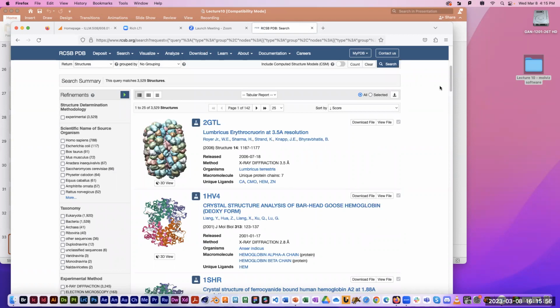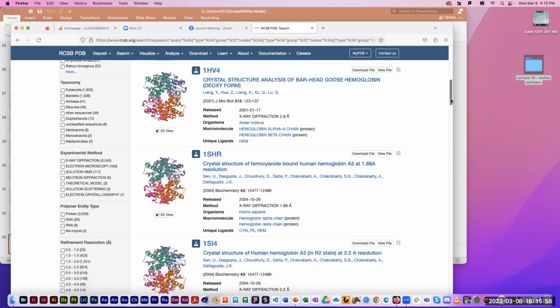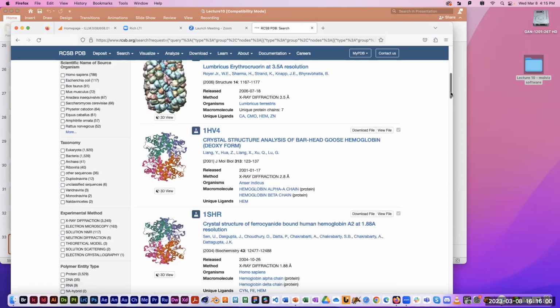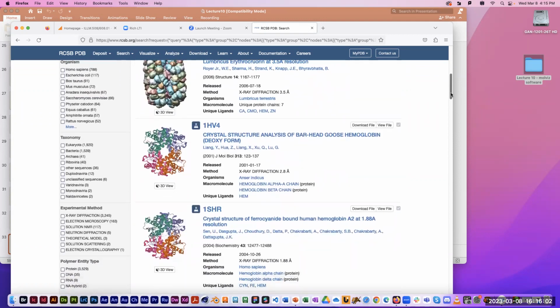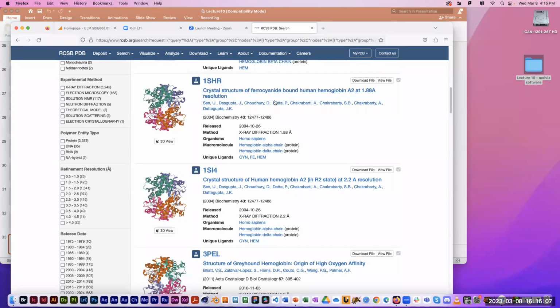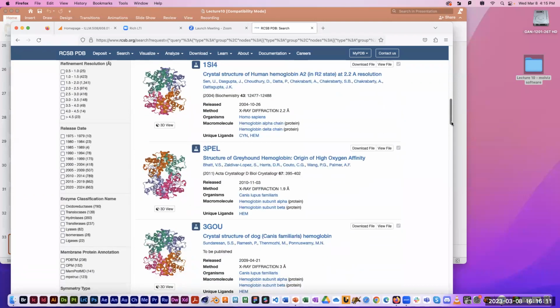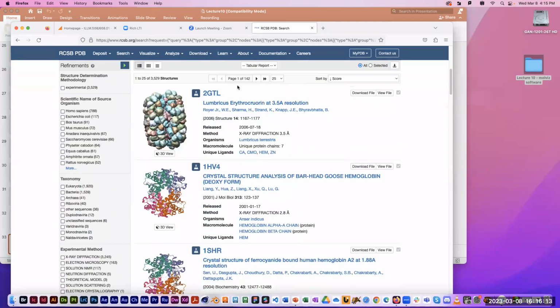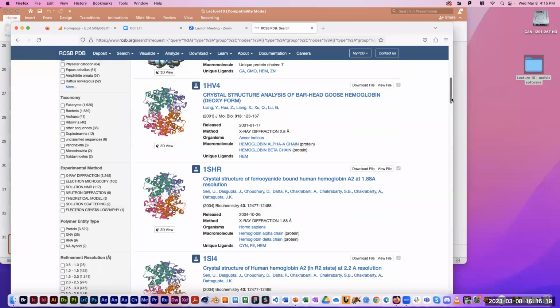The trick with the protein data bank is being able to scroll through here and know which one is just plain old vanilla hemoglobin, because a lot of these are going to be hemoglobin bound to something else. A lot of them are going to be like, I don't even know what the heck this thing is, Lumbricus erythrocruorin. Well, yeah, whatever that is.